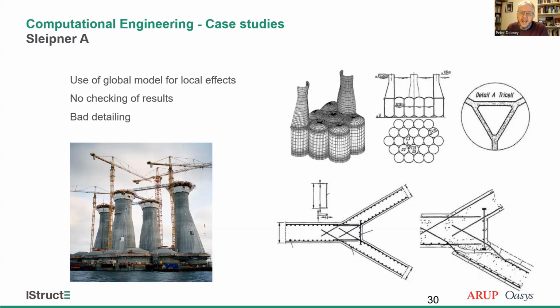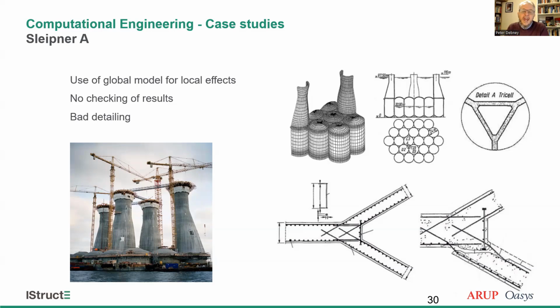What happened? They had used the brick elements, which was good for overall behavior, but they then took these elements, got these shear stresses, worked out the shear forces from those, but unfortunately, the model was very crude, and they underestimated the shear forces by about 50%.